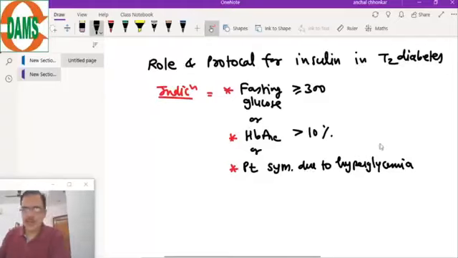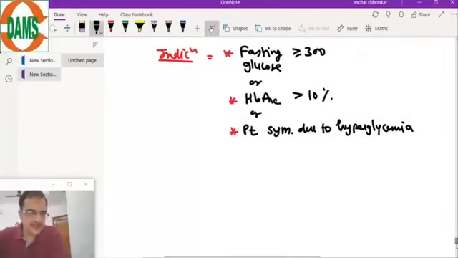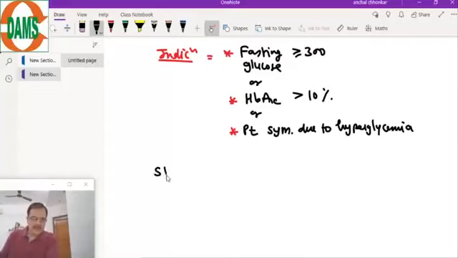So these are the three indications for starting the insulin therapy. So how is this insulin started? So protocol: always start with basal insulin.